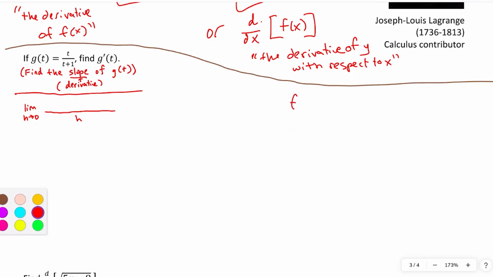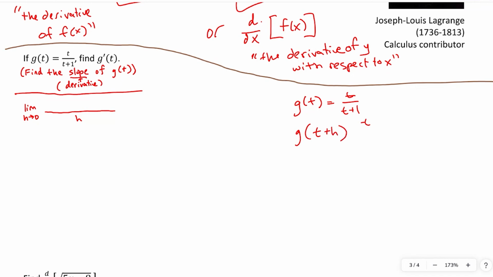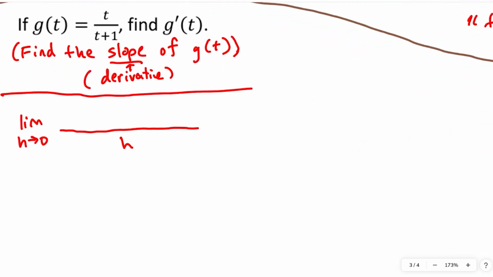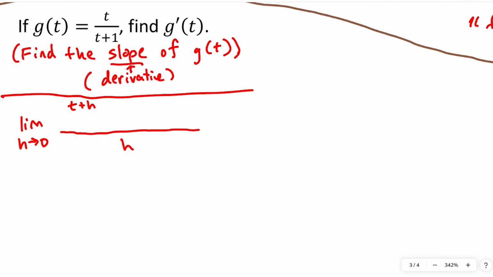If g of t is t over t plus 1, then g of t plus h is t plus h over t plus h plus 1. So that goes first: t plus h over t plus h plus 1, minus g of t, which we can see above is t over t plus 1.